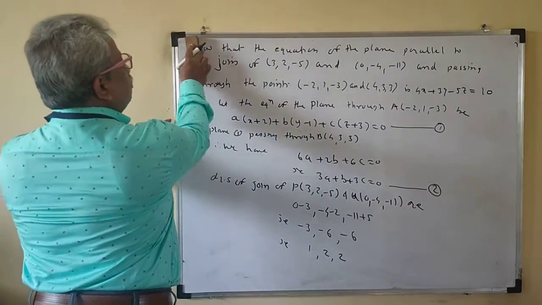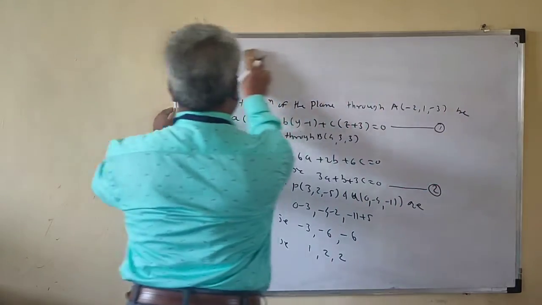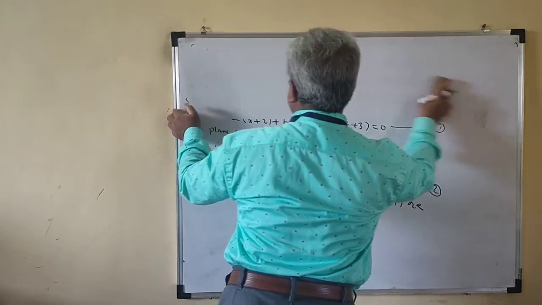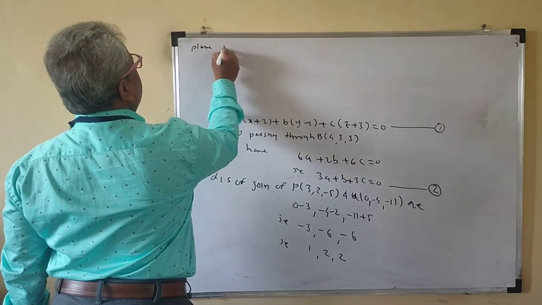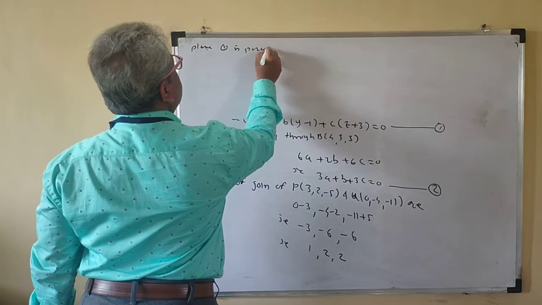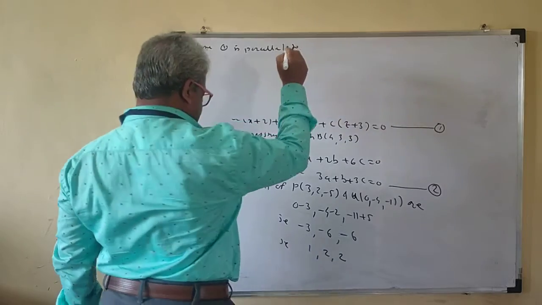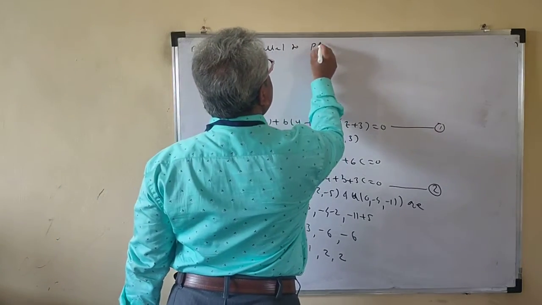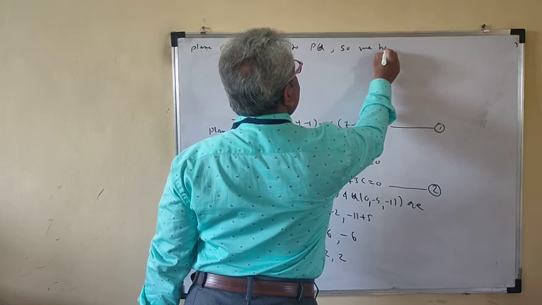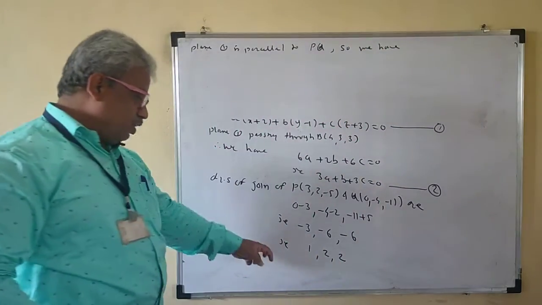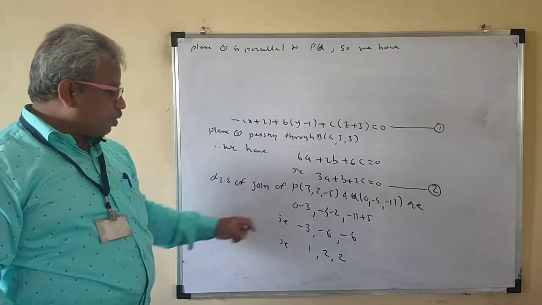But the plane is parallel to PQ. So your plane is parallel to this PQ. That means the dot product is 0 now.